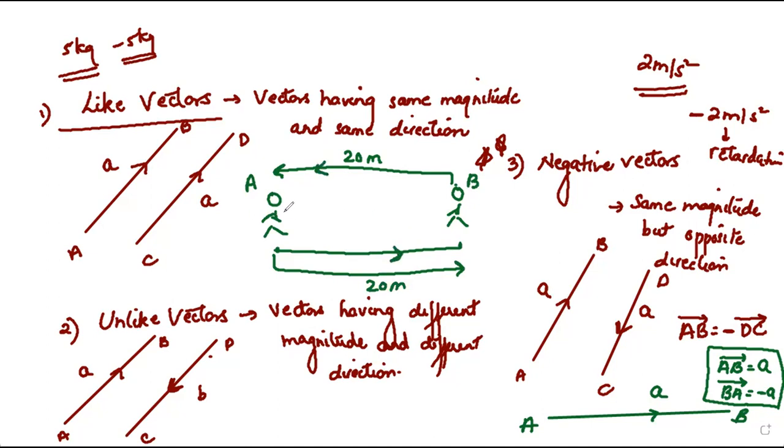So I will say that this value will be 20, whereas this value will be minus 20. Because they both are moving in different directions, that's why I'm signifying it with a negative value. But the magnitude remains the same, so I'll still write 20. That's the meaning of negative vectors. When everything is the same, only the directions are opposite.